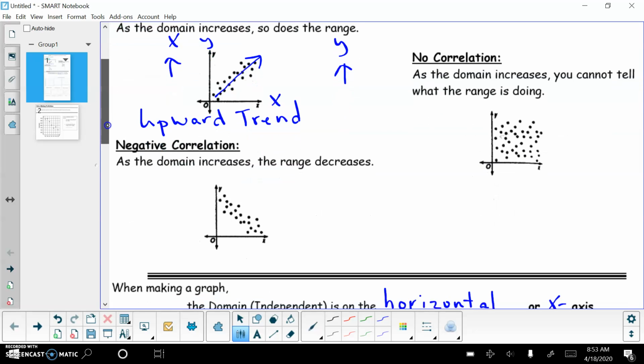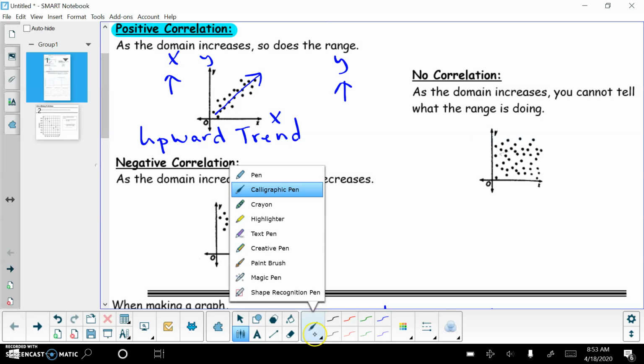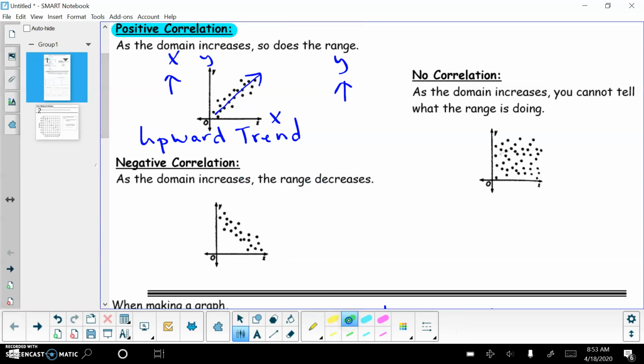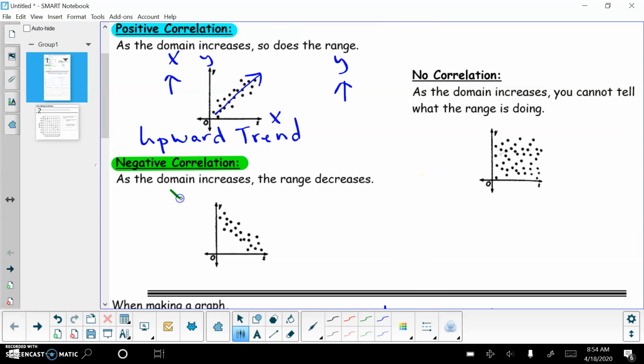I'm going to scroll down here a little bit. We're going to look at the next example, which is a negative correlation. Now, if we're looking at this negative correlation, once again, we're going to talk about the domain. The domain is still increasing. It's still going up, but the range, the y, is actually decreasing.